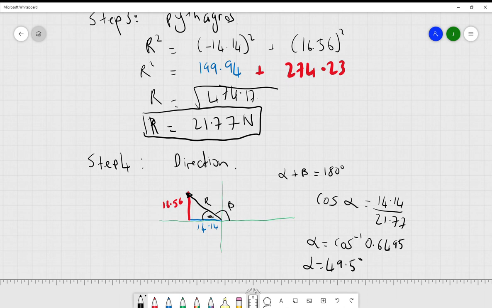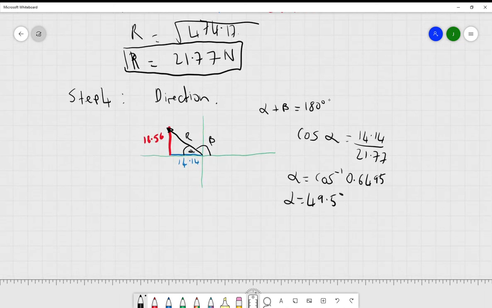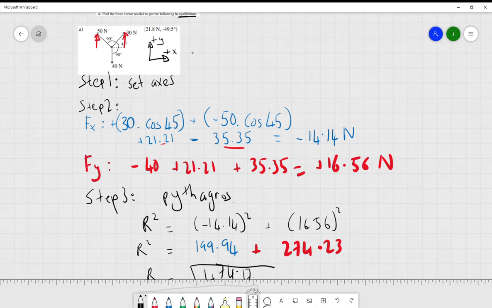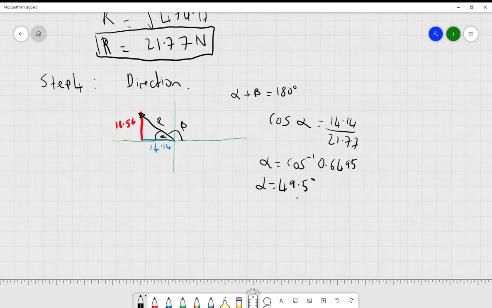But we're not done yet. Now here's a mistake that people always make. So you'll recognize that alpha as the answer that is given in the tutorial. So if we scroll up here, yes, see, now you're wondering negative 49.5, but I have a positive 49.5 here, and this is really important to know. You could stop here and say that this is it, and then you'll lose marks because I know that you don't know what is happening here.